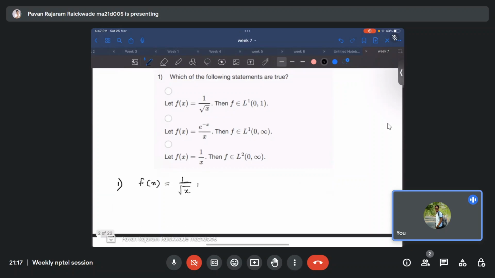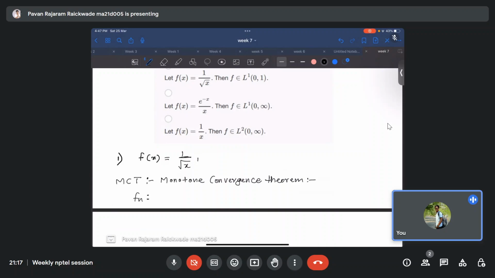So we are going to use the monotone convergence theorem here, MCT. It states that suppose fn is a sequence of functions from X to [0, infinity) such that fn converges to f pointwise and fn is a monotone sequence, and all fn are integrable.